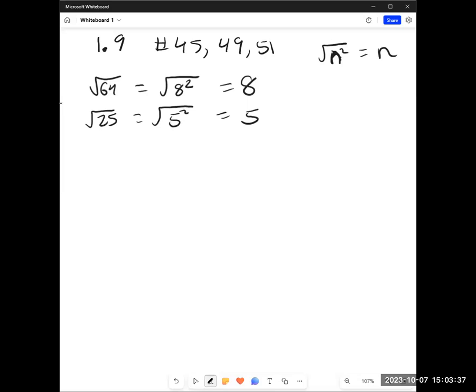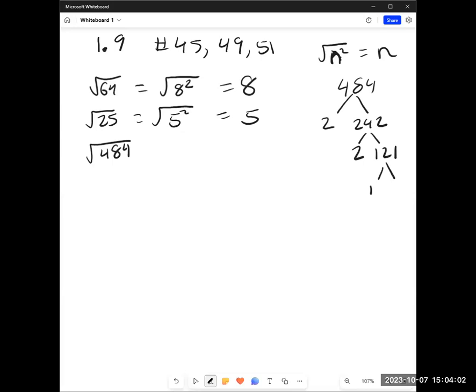Now we're going to get a little harder here. 484. So I don't know that one off the top of my head. I know it's bigger than 20 because 20 times 20 is 400. So let's use a factor tree here and say that this is 2 times 242, which is 2 times 121.